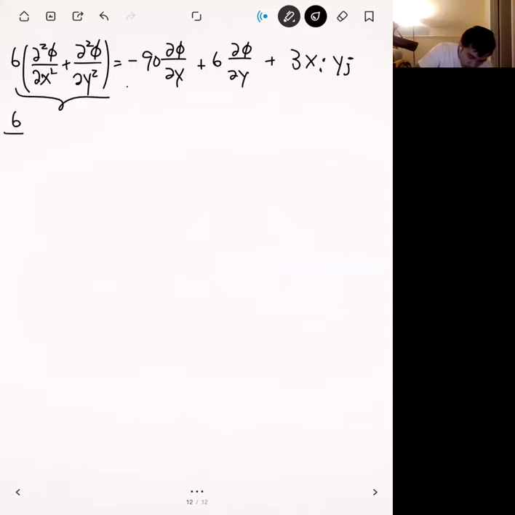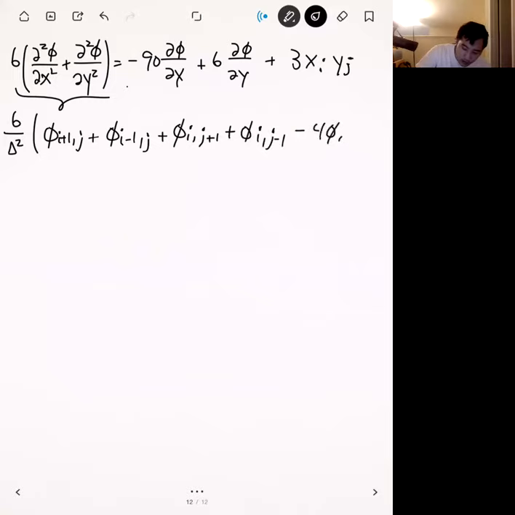For our diffusion terms, we're going to have 6 over delta squared times phi(i+1, j) plus phi(i-1, j) plus phi(i, j+1) plus phi(i, j-1) minus 4 phi(i, j). That's just the same finite difference scheme that we applied in the previous example.